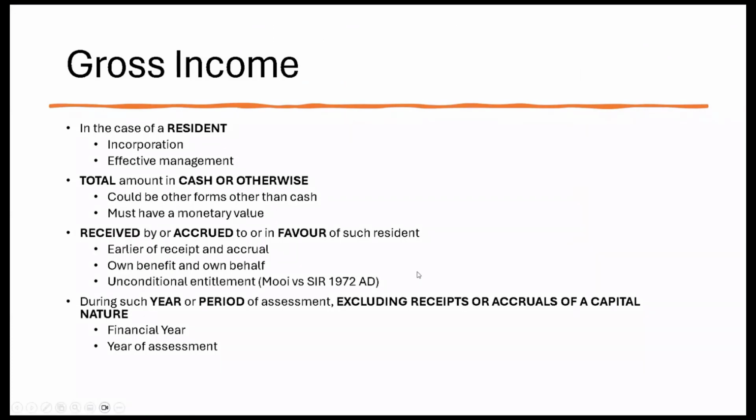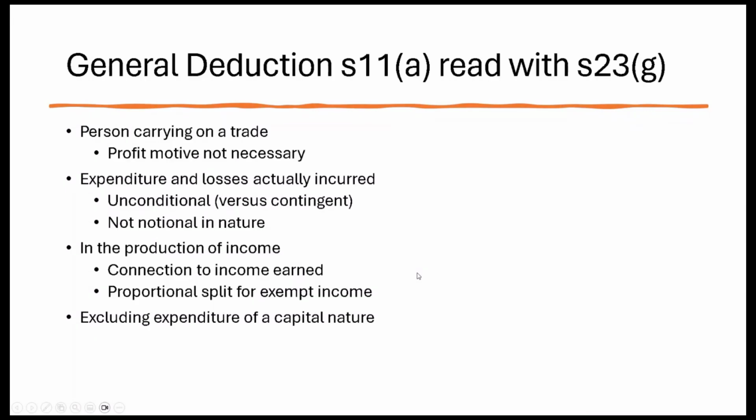You do not include notional amounts. Same as with your expenditure definition, which speaks to expenditure and losses actually incurred. Notional is also excluded. So just like you do not include notional income in your gross income, you do not deduct notional expenditure as part of your expenditure.